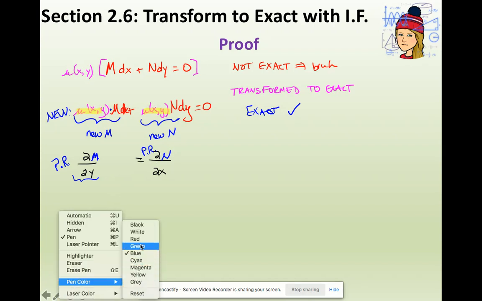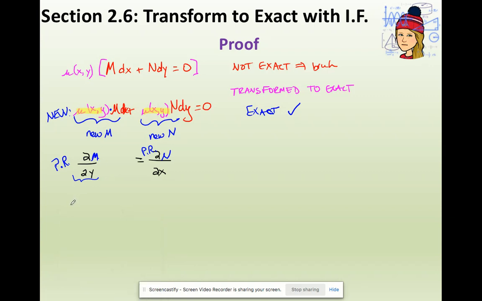Well, that never changes. It is the first function times the derivative of the second and the second function times the derivative of the first.